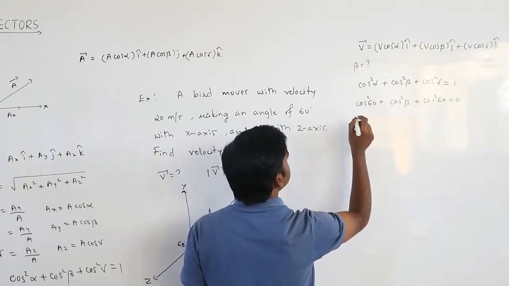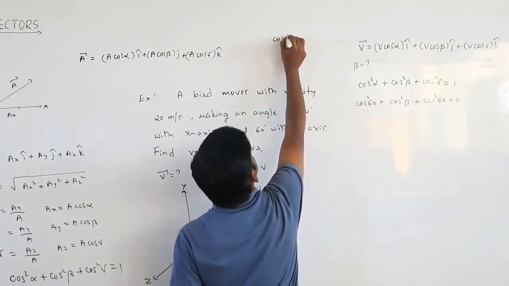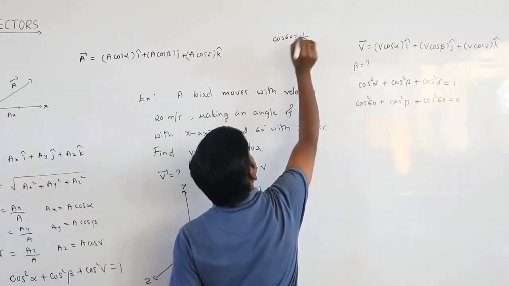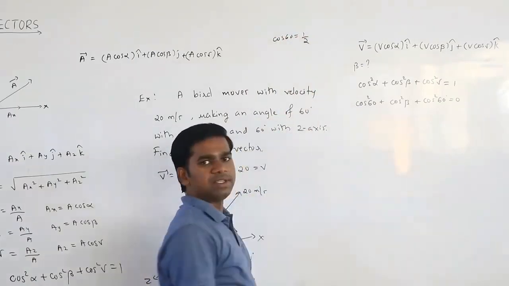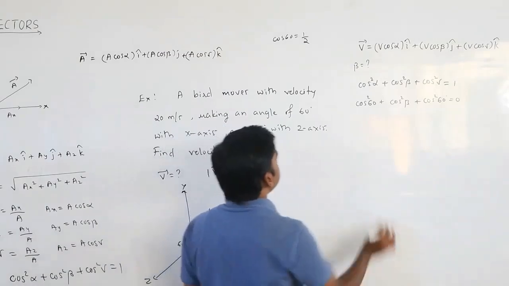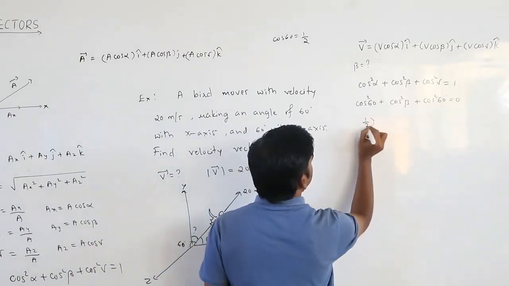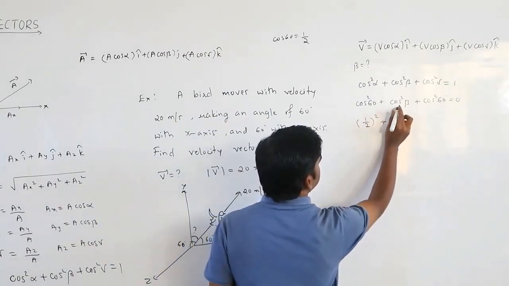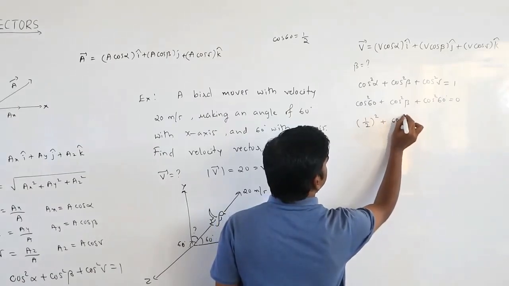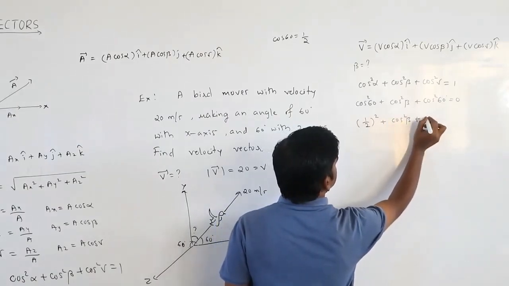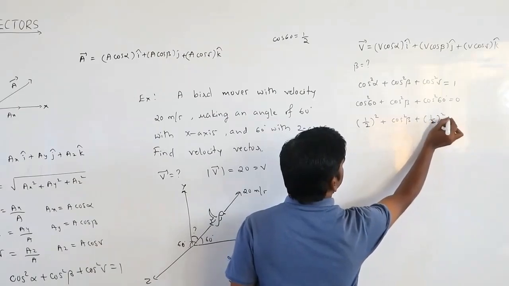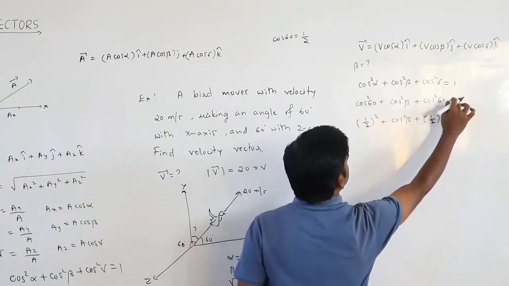So what is cos 60? Cos 60 is nothing but 1 by 2. You can go through the table. So 1 by 2 the whole square plus cos square beta, which is not given, plus 1 by 2 the whole square equals 1.